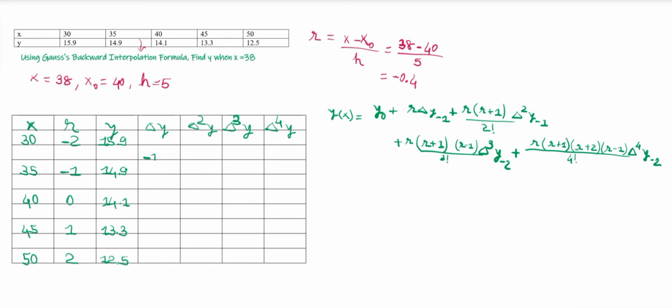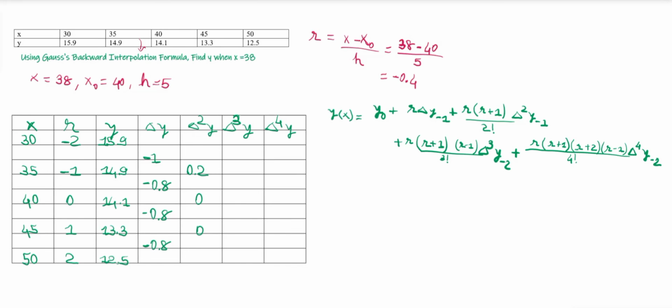Now for delta y, again the same thing, that is we just need to take the difference of the values of y. So it will be 14.9 minus 15.9, which is minus 1. Then 14.1 minus 14.9, which is minus 0.8. 13.3 minus 14.1, which is minus 0.8. 12.5 minus 13.3 is minus 0.8.